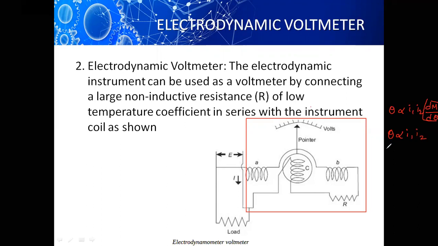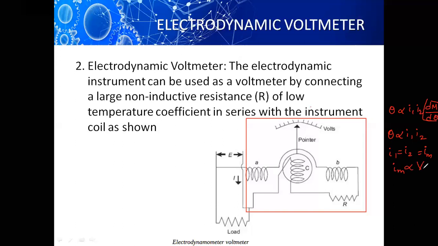Now, because all are connected in series and a very small amount of current is flowing through it, I can write that the current flowing through the coil is I2, or say small I, the meter current Im, and this meter current is proportional to the voltage across the meter.